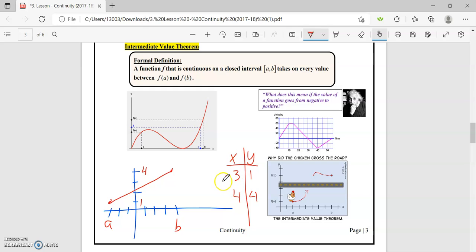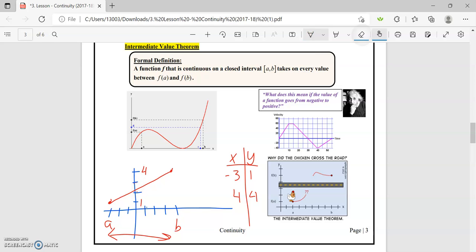In other words, somewhere between -3 and 4 in the x, somewhere between here and here, my pencil doesn't leave the paper, but I go from 1 to 4. So every number between there, 2 and 3 mainly in this case, are going to be values of my graph. If a function is continuous on the closed interval, then it takes on every value. In other words, I have to cross 2 at some point, and I have to cross 3 at some point.